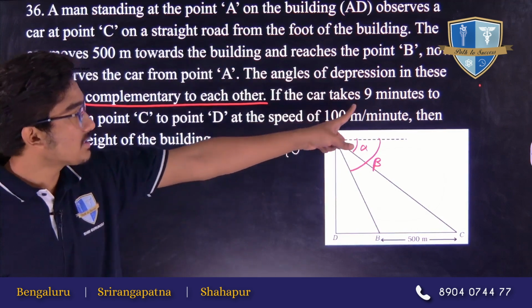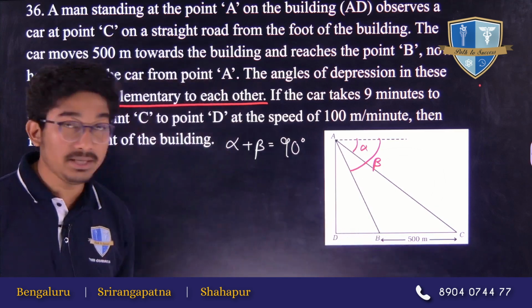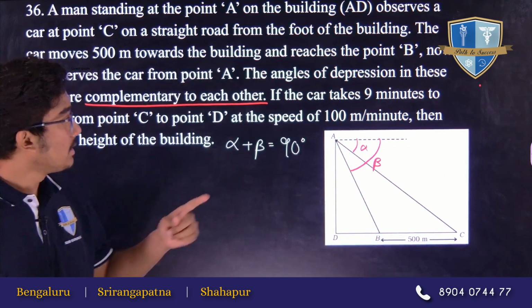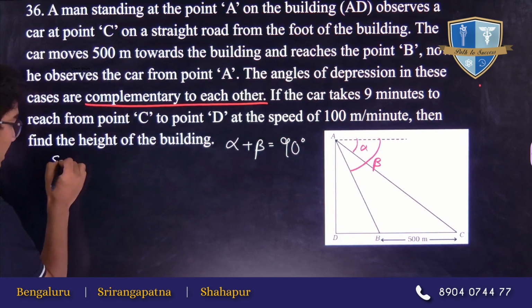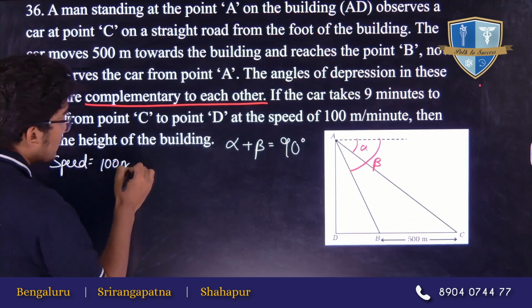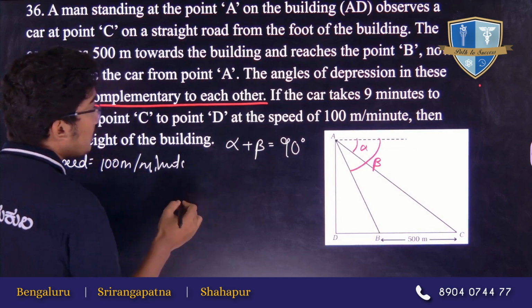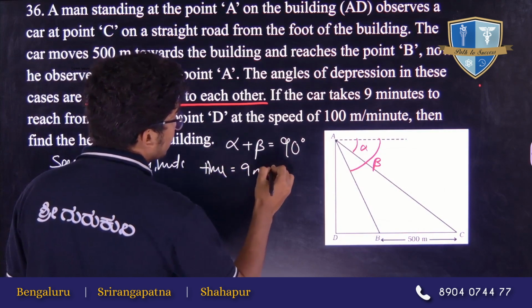If the car takes 9 minutes to reach from point C to point D, means from point C to the foot of the building, it takes 9 minutes with a speed of 100 meters per minute. So speed we have, speed is equal to 100 meters per minute, and time taken is 9 minutes.